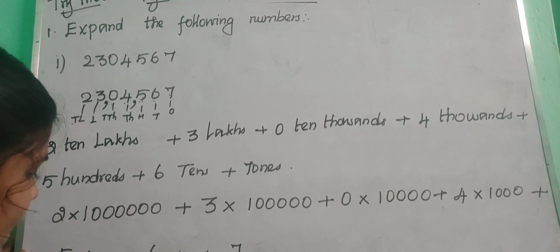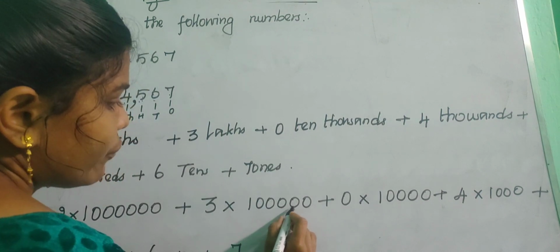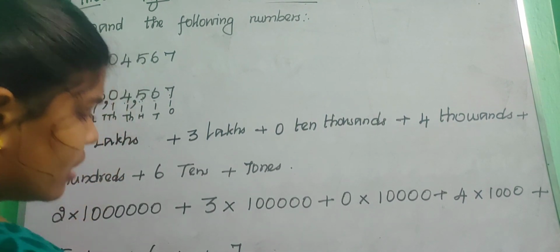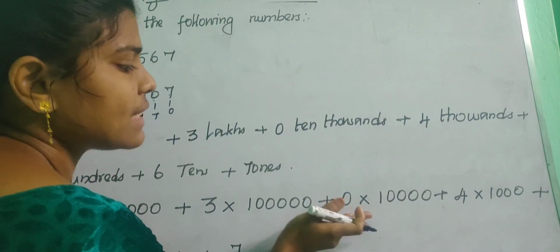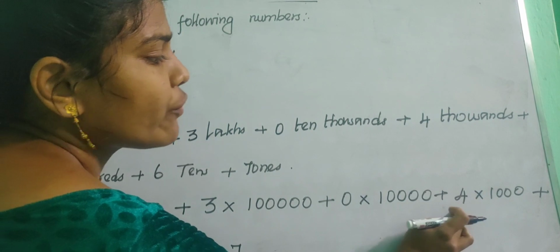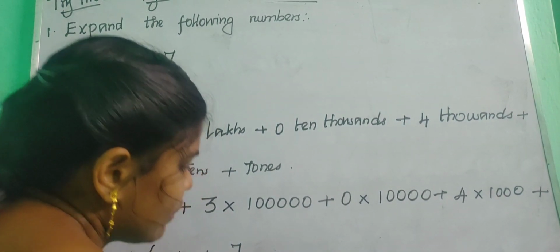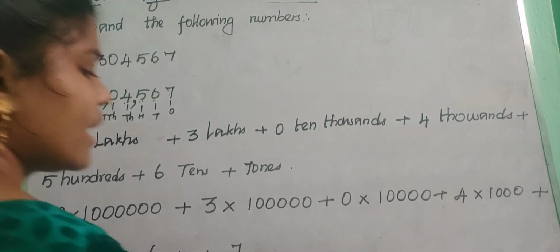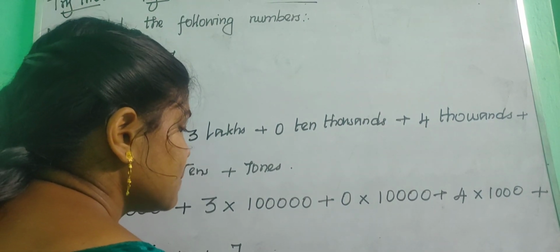Just put plus and after that 3 into 1, 2, 3, 4, 5 zeros. For lakhs we need to insert 5 zeros, and 0 does not have value, so just leave this 0. And after that plus 4 into 1000, 4000, and then plus 5 into 100, 500, and then plus 60 plus 7.